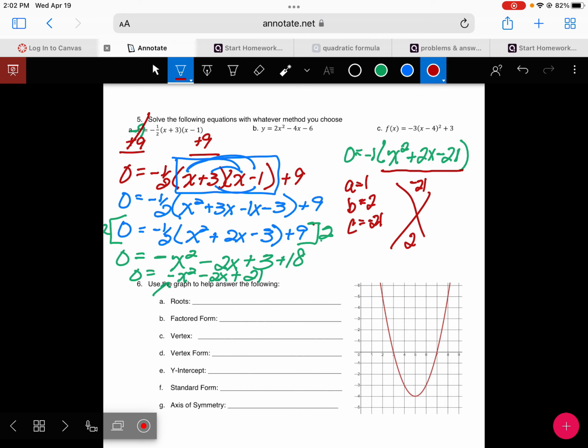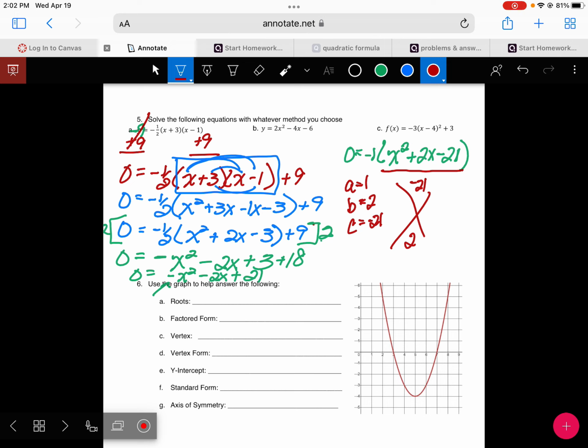Are there any factors of negative 21 that add to give us 2? No. So that means Xbox not going to work.